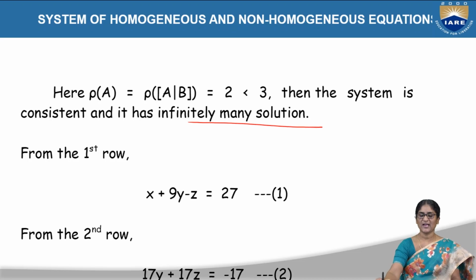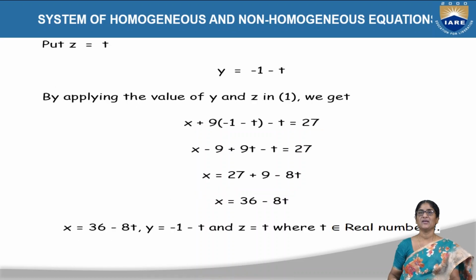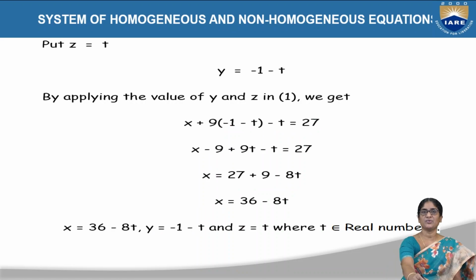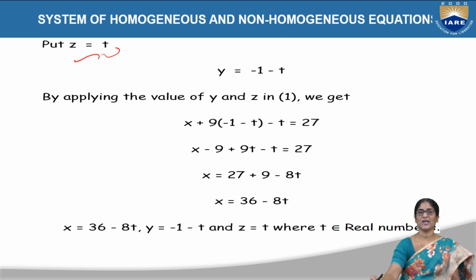In the first row we have x plus 9y minus z is equal to 27, and in the second row we have 17x plus 17y is equal to minus 17. So let us assume z is equal to k, an unknown value.